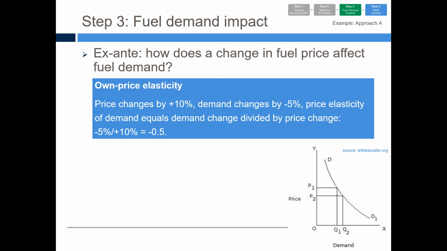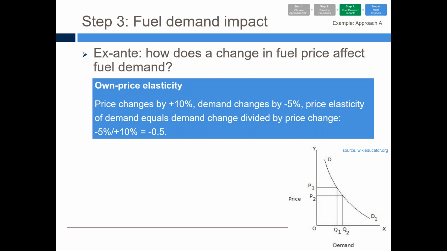It shows a demand function, for instance, for gasoline. It's just an example. And you can see that if you increase the price on the y-axis from P2 to P1, then you will have a reduction in the demand from Q2 to Q1. And the reduction of the demand depends on the demand curve and obviously on the price increase.